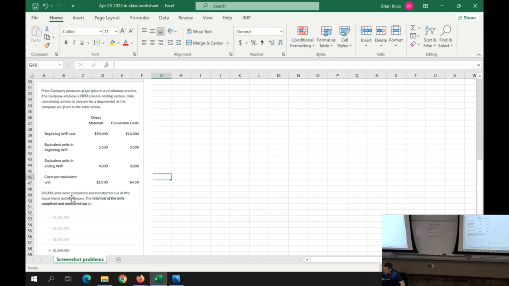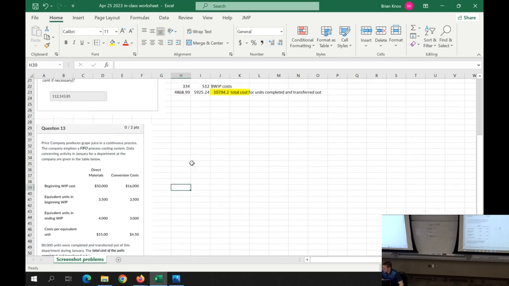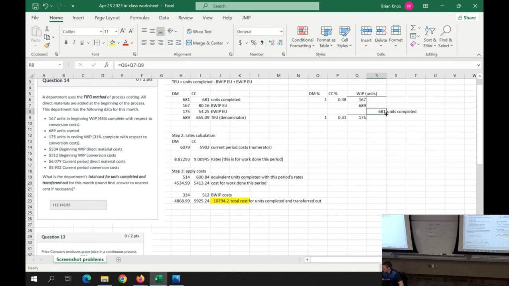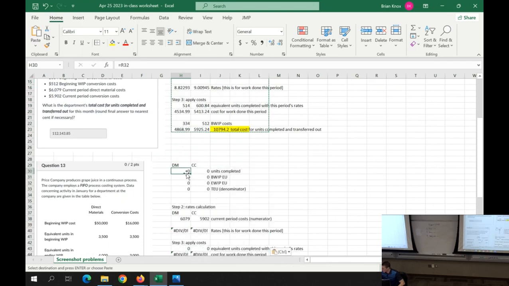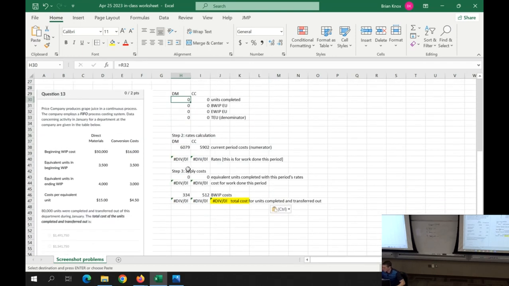Now we have 80,000 units that were completed and transferred out during this period, out of this department during January. Okay, so that is the units completed, just like we had here. In fact, I'd love to grab everything and show just how much is done.